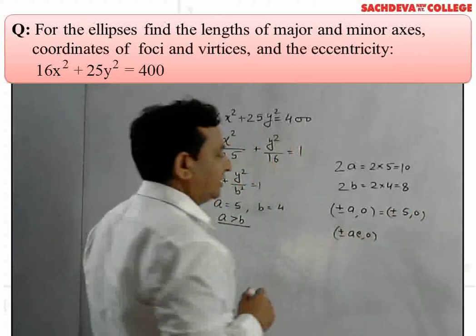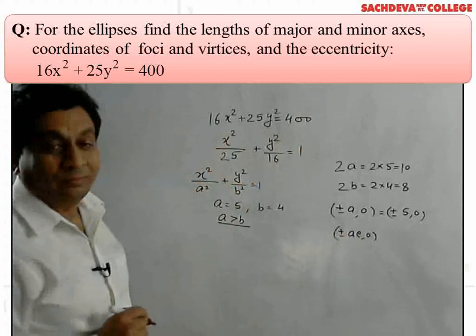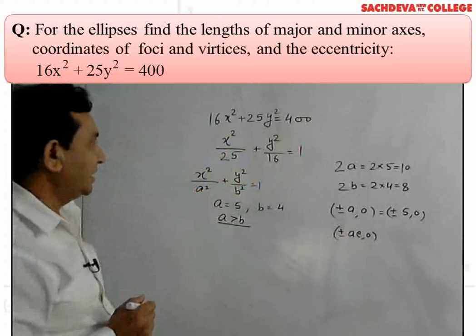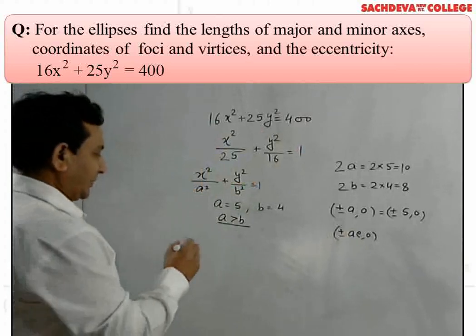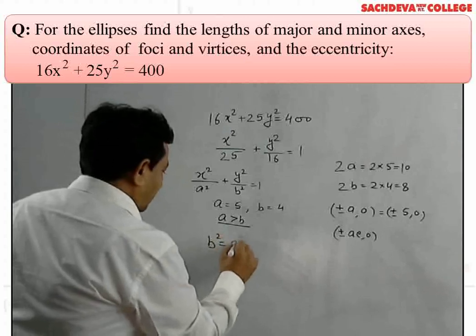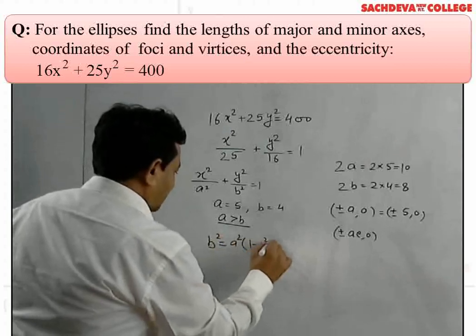So for finding the focus, first we find eccentricity of given ellipse. We know that b square is equal to a square into 1 minus e square.